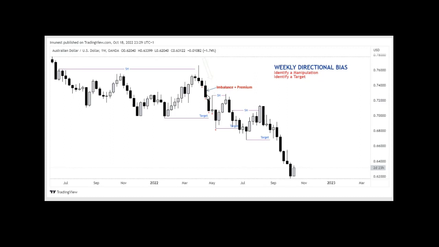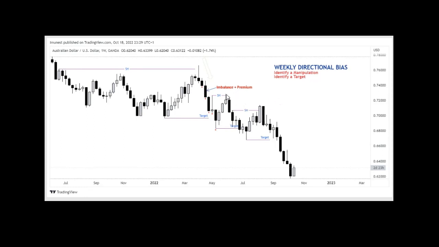This imbalance or fair value gap is actually a draw on liquidity. It's going to attract price into this imbalance. And what did we notice after price was drawn into the imbalance?